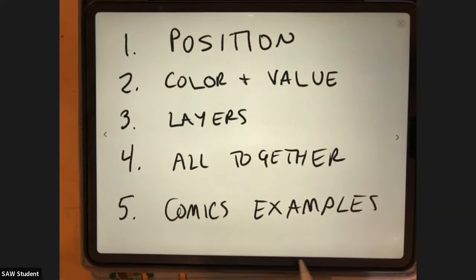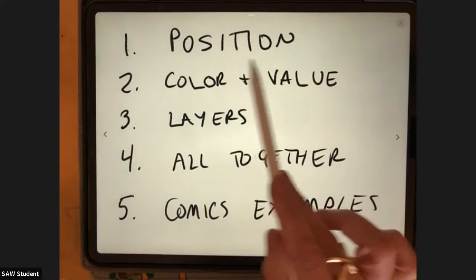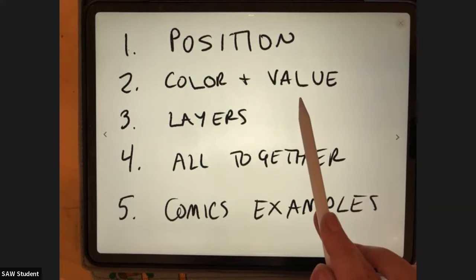So these are the topics we're going to talk about today in how to get some depth and perspective in your drawings with none of those points and grid lines. We're going to talk about positioning things on the screen or in your drawing. We're going to talk about color and value.